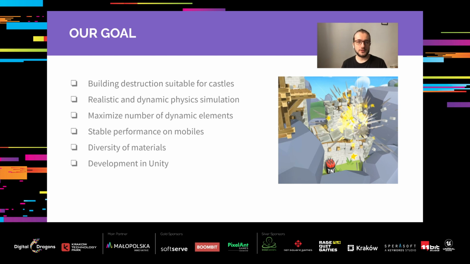So to achieve our goals, we need to find a suitable technology. In the past, we used a standard Unity approach with similar goals in our older game, Castle Wreck, and it turned out really well. But we wanted to have more stable performance and add more features. So we started to search for alternatives, and we decided to try out ECS.